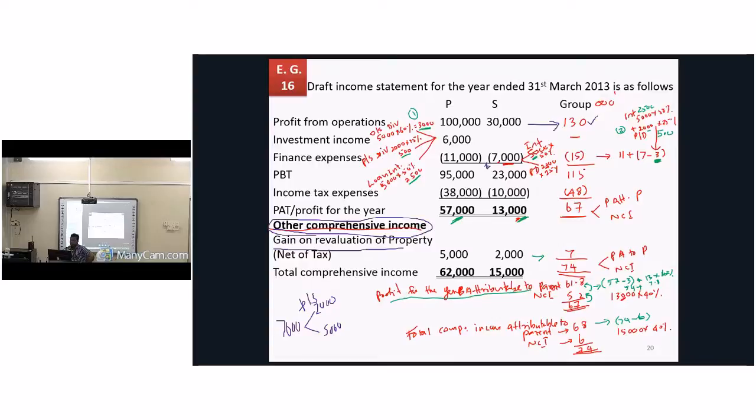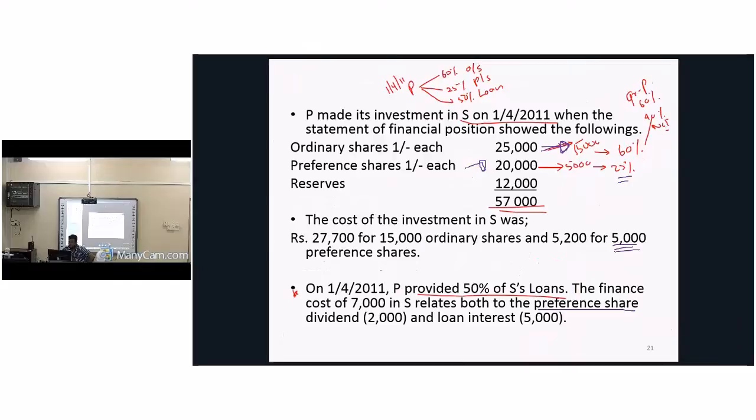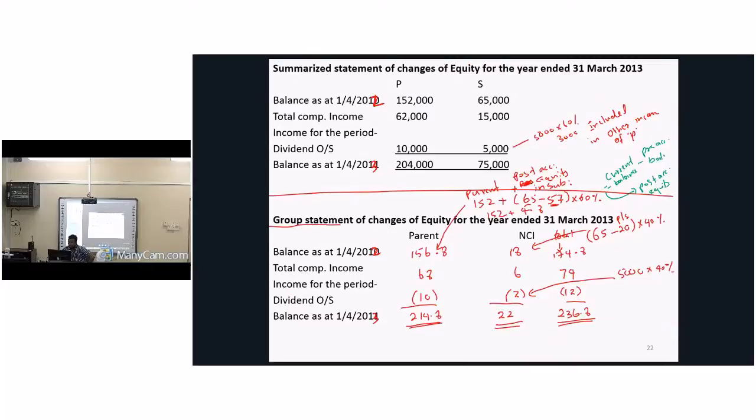Accordingly you can see how much of dividends has been paid by subsidiary to parent relating to ordinary shares. You can see it here, look. What is this? Dividend paid by subsidiary for their ordinary shares. Out of this 5,000, how much will be received by parent? Look, I have written it here.